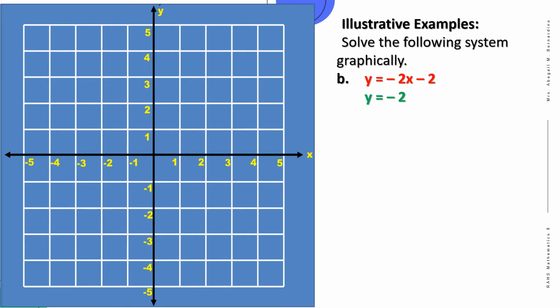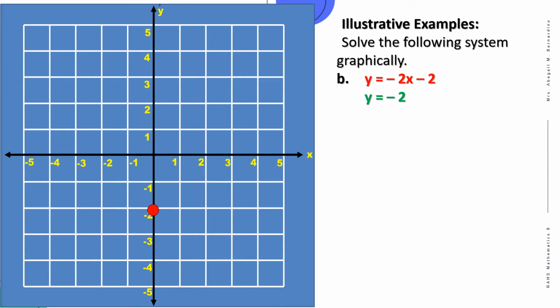For the second example, we have y equals negative 2x minus 2 and y equals negative 2. As you can see, the first equation is already in the slope-intercept form. Simply, we're going to use negative 2 as our y-intercept.